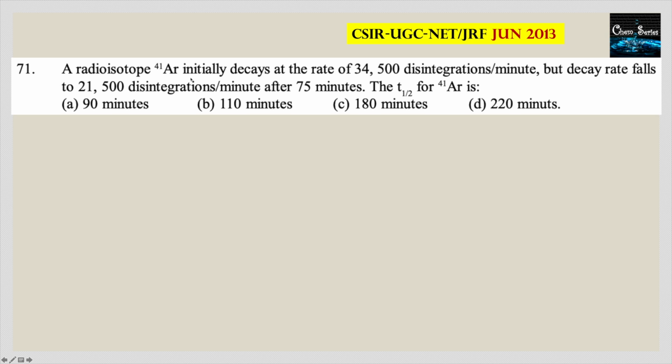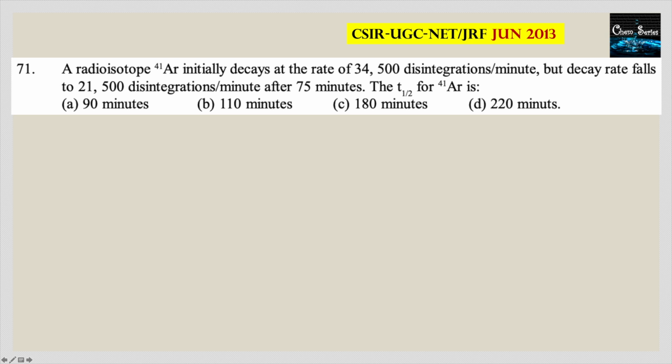Initially it decays at the rate of 34,500 disintegrations per minute, so A naught will be 34,500 and your A will be 21,500. The time is 75 minutes. So you have to find T half.